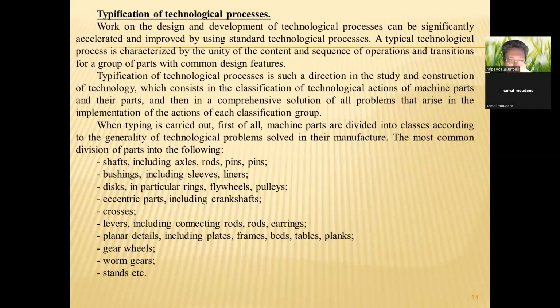First group, shafts, including axes, rods, pins. Bushing, including sleeves, liners. Discs, in particular rings, flywheels, pulleys.